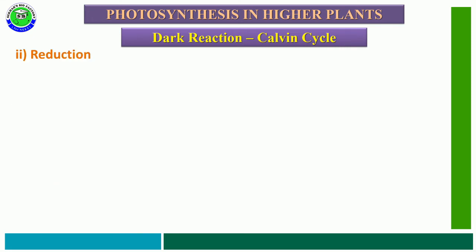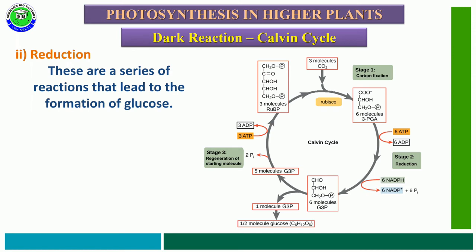The second step is reduction. After completion of carboxylation, 6 molecules of 3-phosphoglyceric acid are formed, and these molecules undergo a series of reactions for the formation of glucose or carbohydrates. At this time, the 6 molecules of 3-phosphoglyceric acid utilize 6 ATP molecules and 6 NADPH plus H plus molecules, which are formed in the light reaction, and are converted into 6 molecules of glyceraldehyde 3-phosphate.